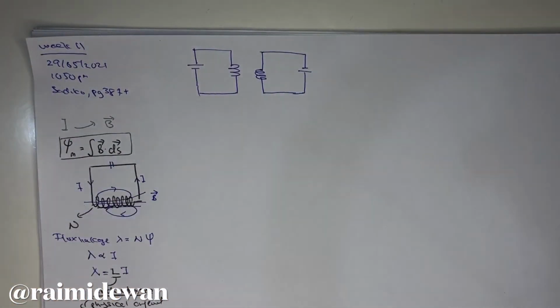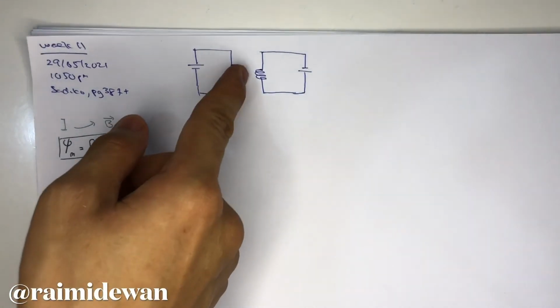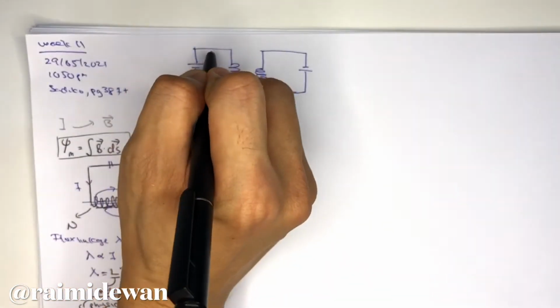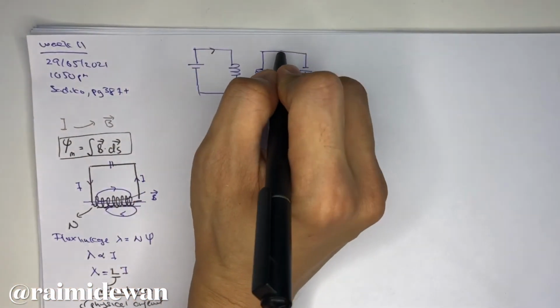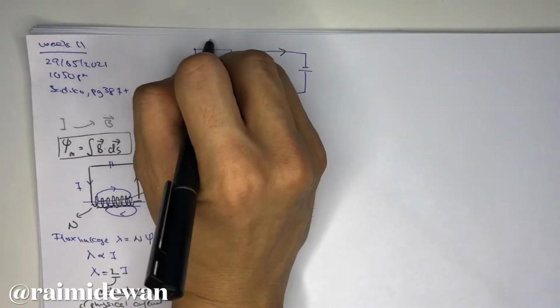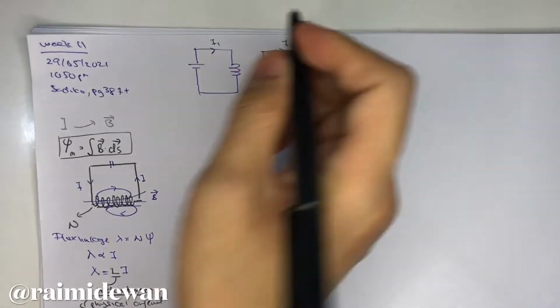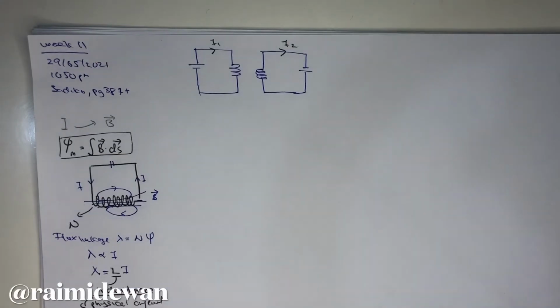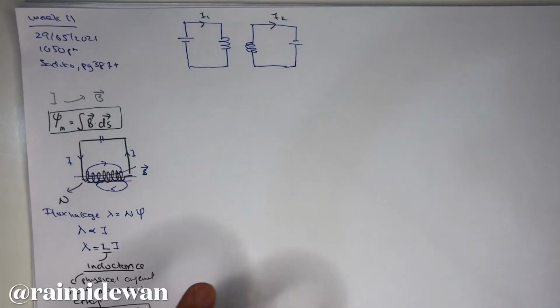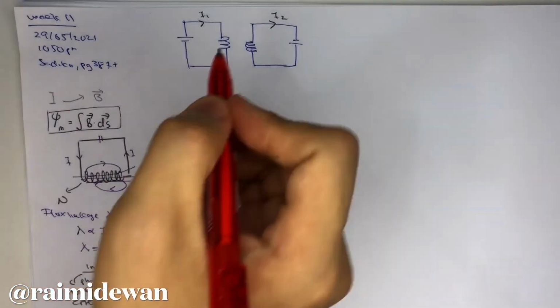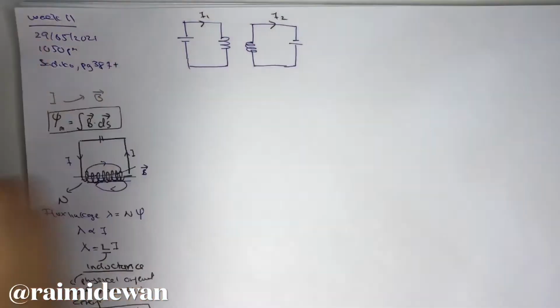So this is a current producing circuit, for example you have your I1 and this is your I2. When you have a current producing circuit, you will start to have a magnetic field. Am I correct? When you have a magnetic field, you also have magnetic flux. Let's give names first.